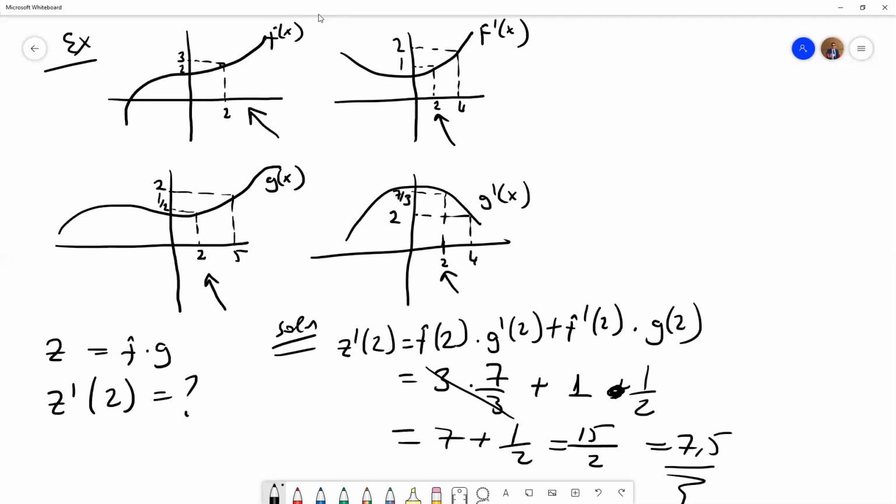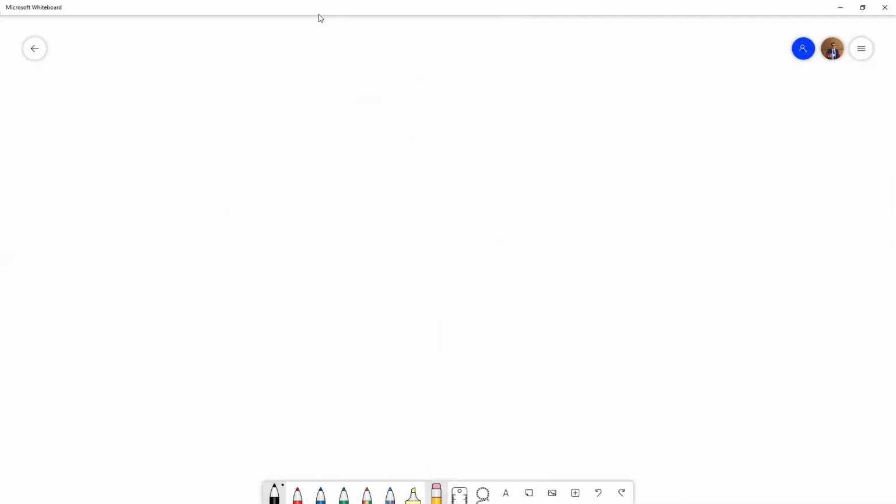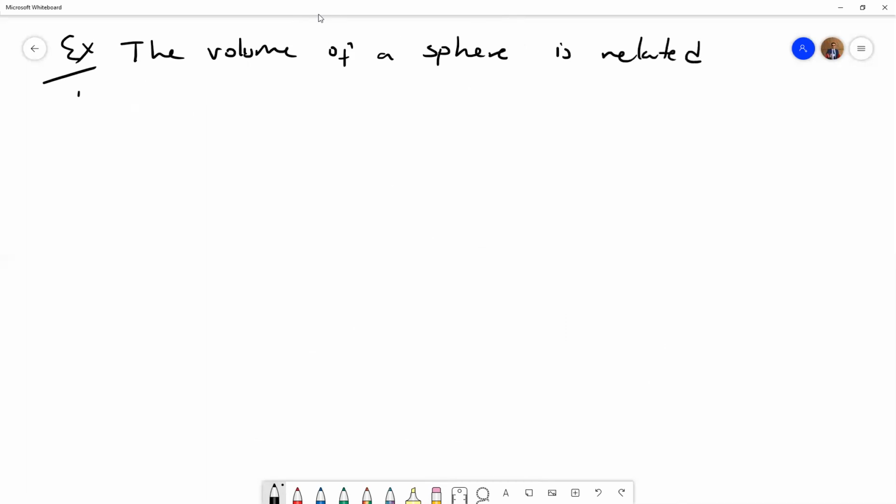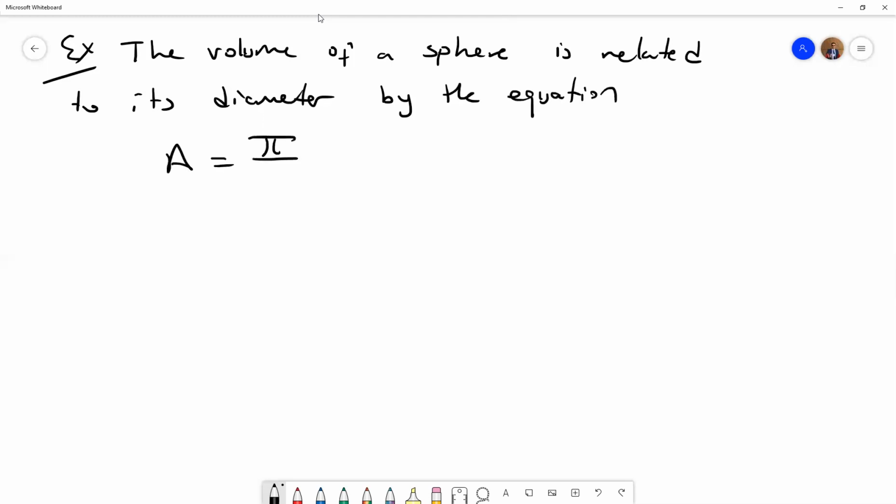And next question, dealing with a volume of a sphere. Volume of a sphere. Let's write the question first. The volume of a sphere is related to its diameter by the equation A is equal to pi over 6 multiplied by d cube.